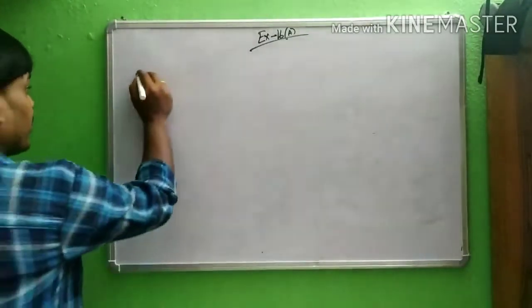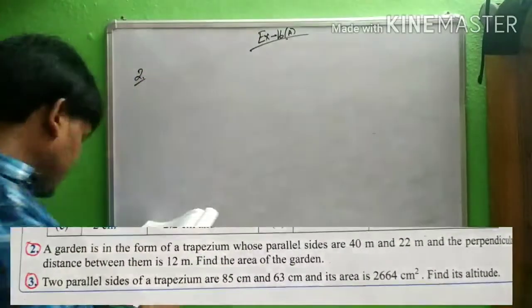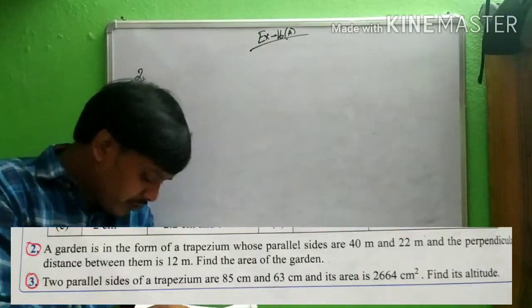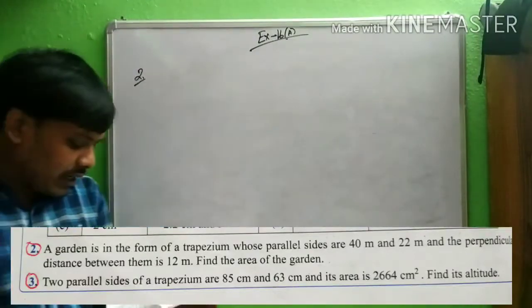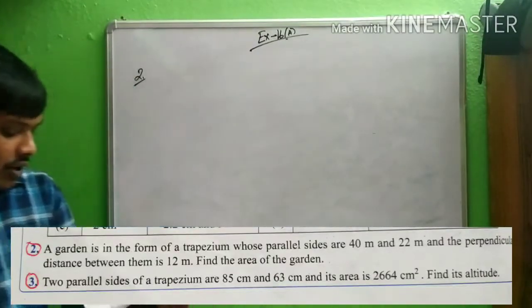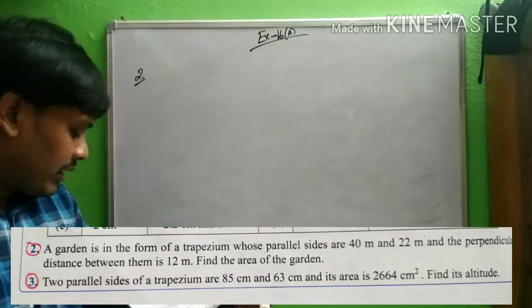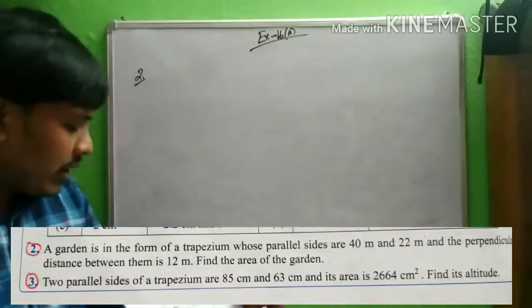So question number 2, what is the question? A garden is in the form of a trapezium whose parallel sides are 40 meter and 22 meter, and the perpendicular distance between them is 12.